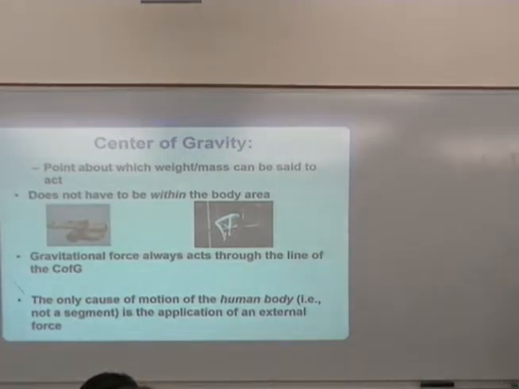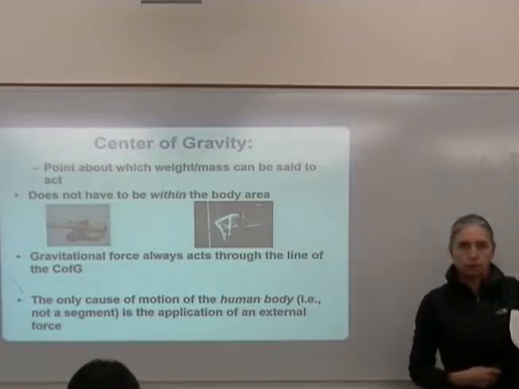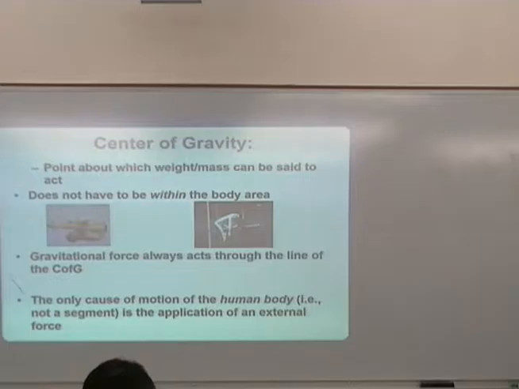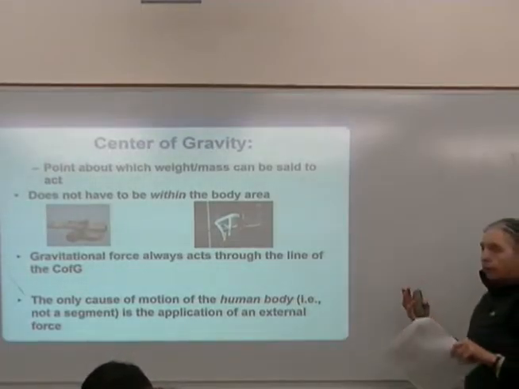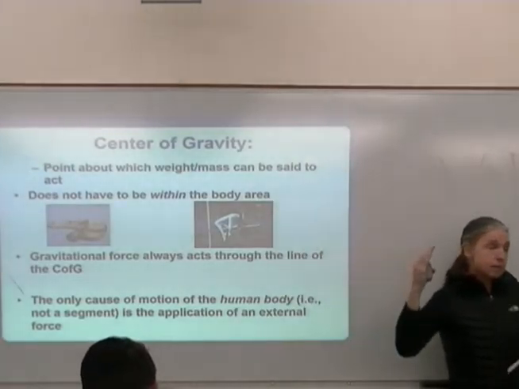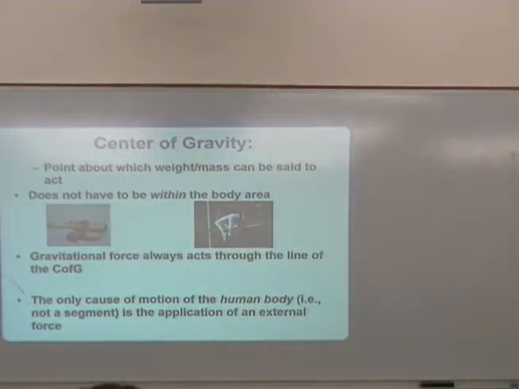So the term center of gravity represents, simplified, a point about which your mass can be said to act. All right? So if we're looking at the body as a whole, it's an abstract, it doesn't exist, right? But mathematically, we can calculate it and it impacts what we see happen because gravity acts on that point, right?